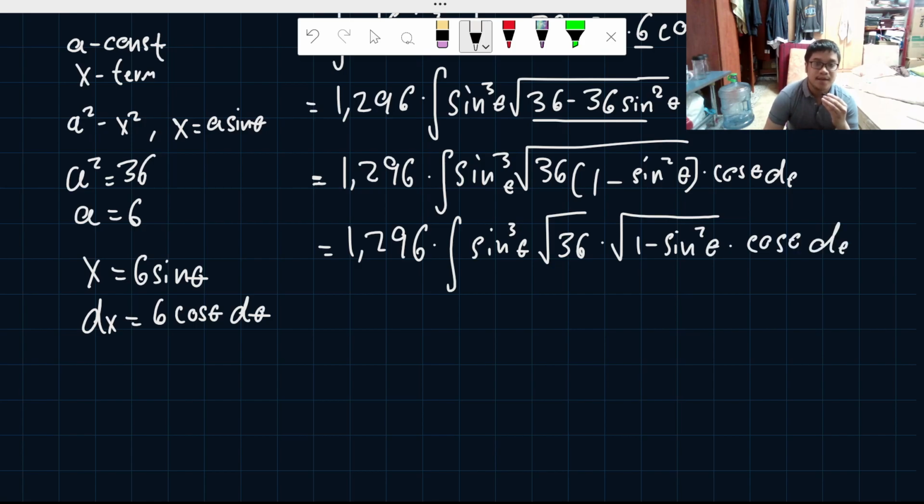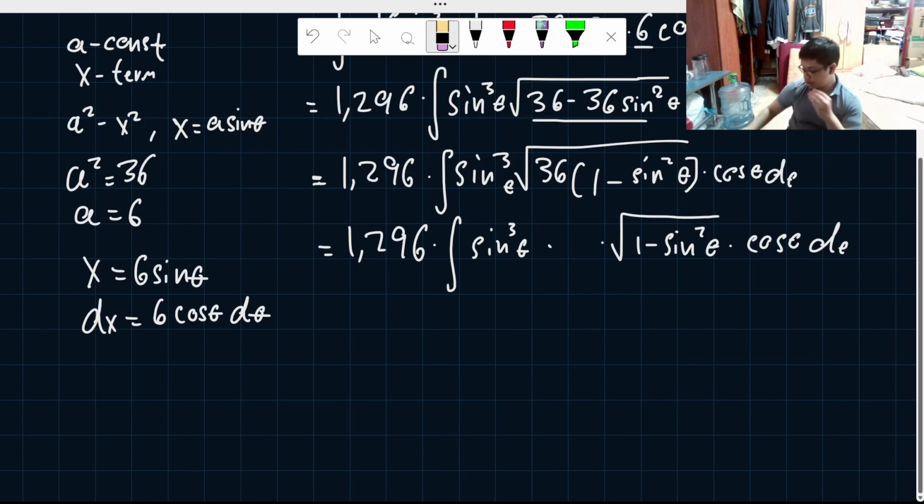Then the square root of 36 will give you exactly 6. Since 6 is a constant term, we can bring it out and combine it with 1,296.